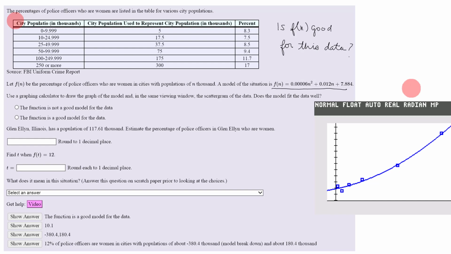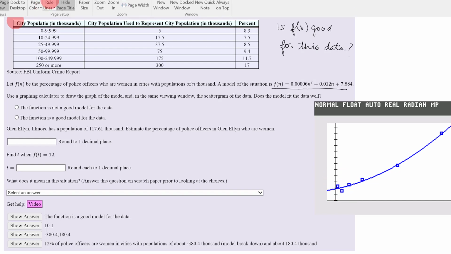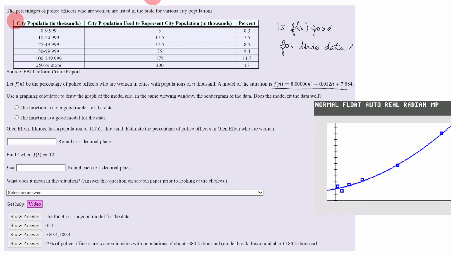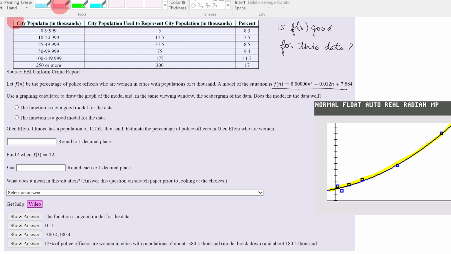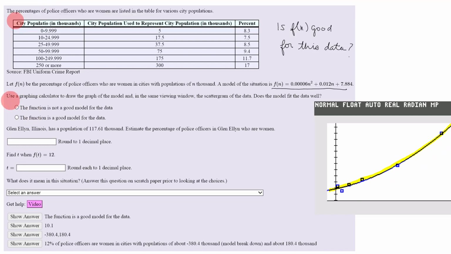Okay, so I transferred the graph over here and we can see that this definitely fits the data beautifully. All right, so the answer to the first question, does the model fit well? Yeah, it is a good model.